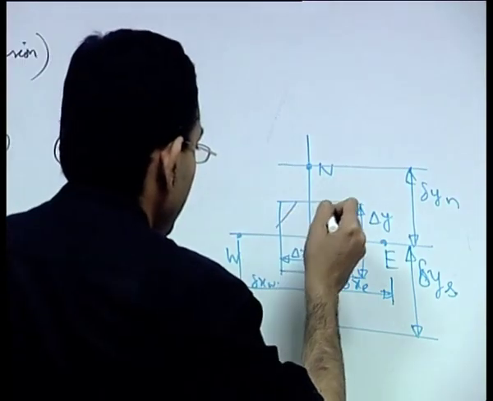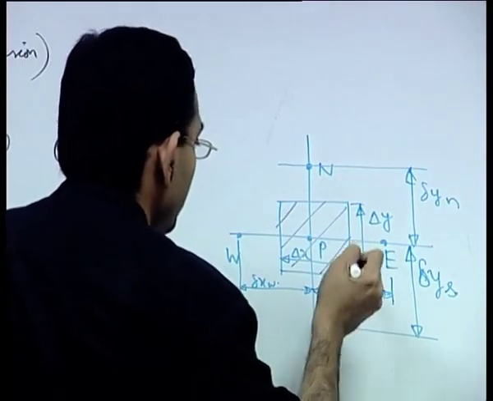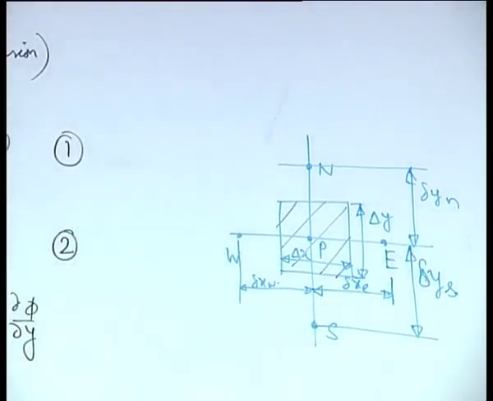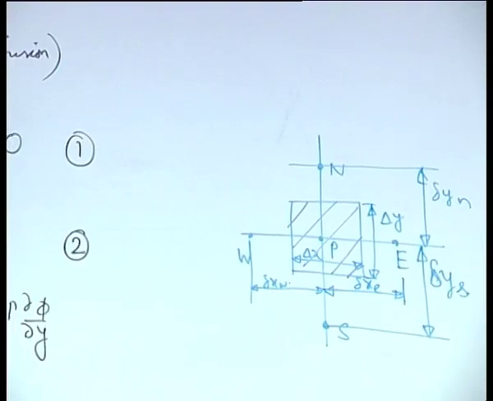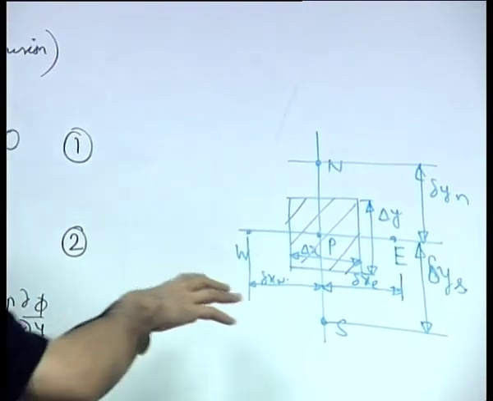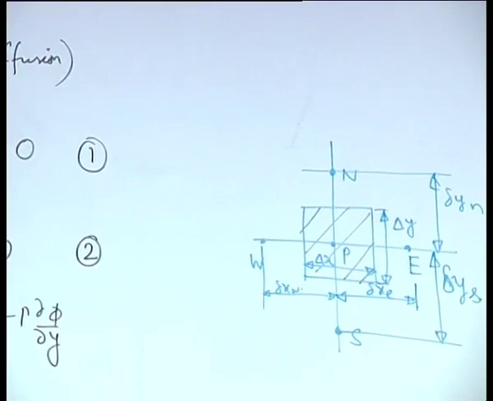So, this is your control volume. Now, we have to discretize the convection diffusion equation along with the continuity equation to get the corresponding discretized equations in 2 dimensions. That is our objective.